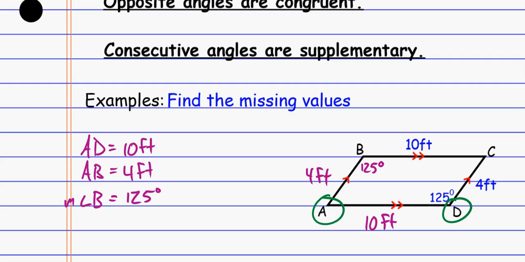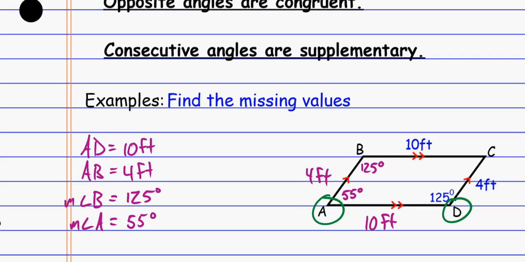So to find that missing angle, I just do 180 minus 125. And so that's going to give me 55 degrees right here. Okay, so that's the measure of angle A. And again, that comes from that supplementary idea, and it goes back to the properties we had when we looked at parallel lines being connected. We had a pair of angles that were supplementary in there. Okay, so that's 55 degrees.